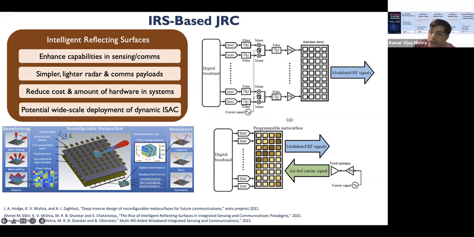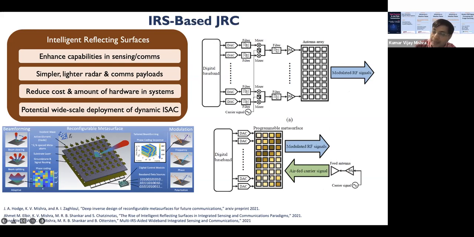So on top, what you see is the conventional wireless transmitter, either for comms or radar, and the receiver would be similar. At the bottom, what you see is that the RF parts like filter, mixer, PAs are all integrated with the antenna, and it is programmable.